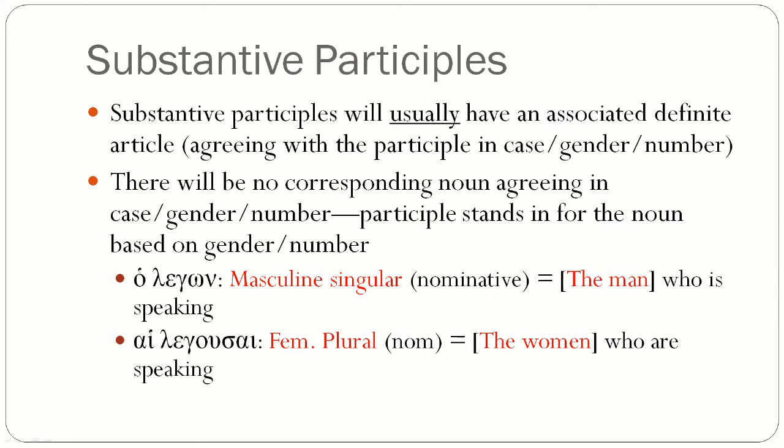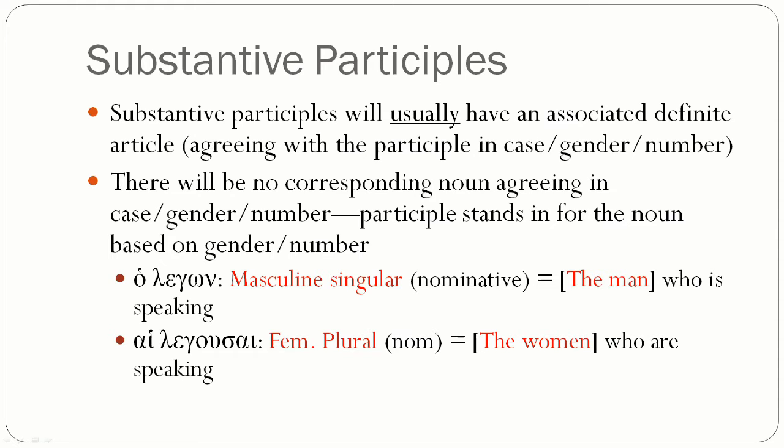The first one, ho legon. Notice that both of these, again, are nominative, masculine, and singular, and I've noted that there with the red. Because that is a definite article and a participle, and they both agree in those three categories, you can understand that this means "the man." This is nowhere in the Greek, so I've put it in brackets in the translation there.